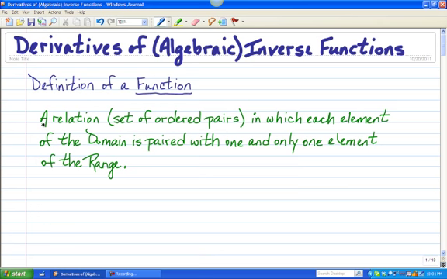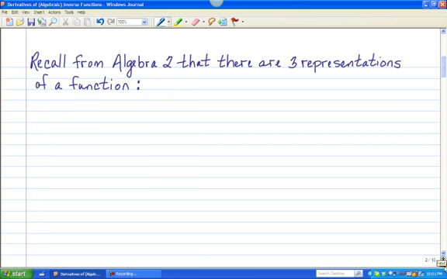Now, as you talked about and learned about inverse functions before, perhaps you recall there are three different representations of a function. The first one is that you can represent a function as a relation itself, and I'll provide you with an example of each of these. Remember that a relation is simply a set of ordered pairs.